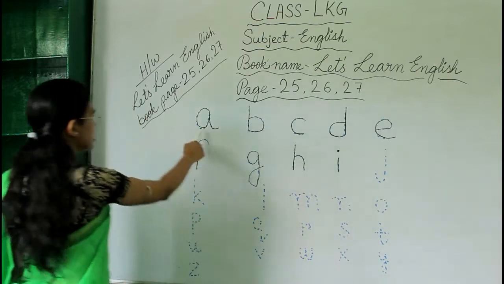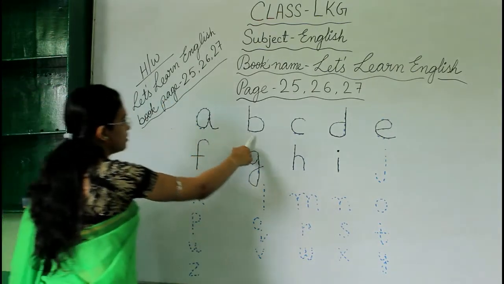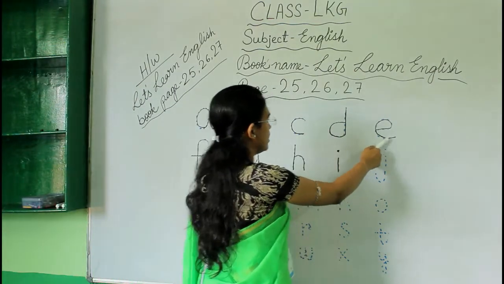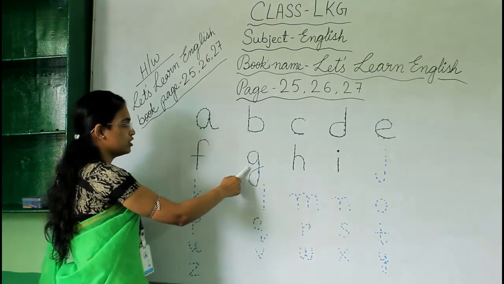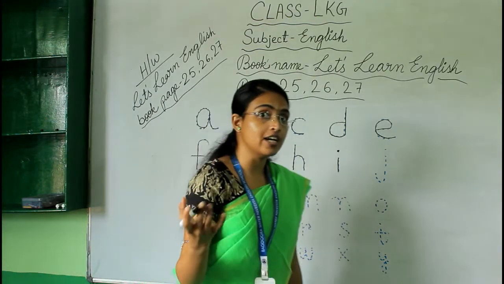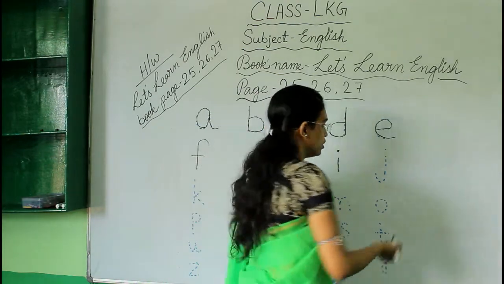Okay. Now which letter is this? Yes, this is letter A, then B, then C, D, E, F, G, H, I. After I? Very good. J. For J what we have to do?